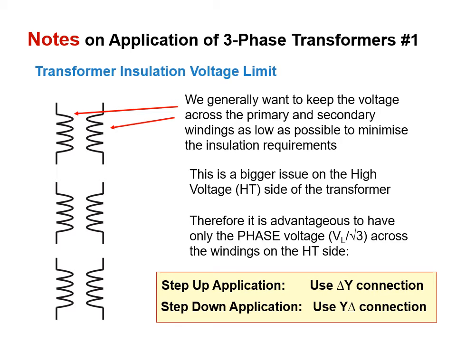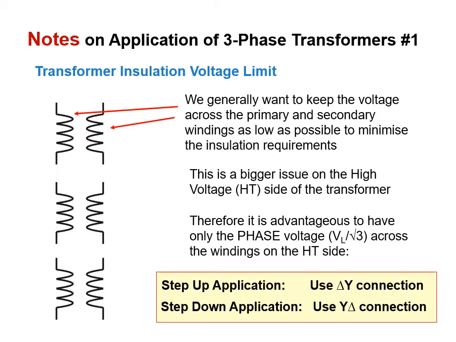This becomes a bigger issue on the high voltage side of the transformer. You've got to remember we've got insulation around these wires, and you want to get the voltage across that insulation as low as possible.